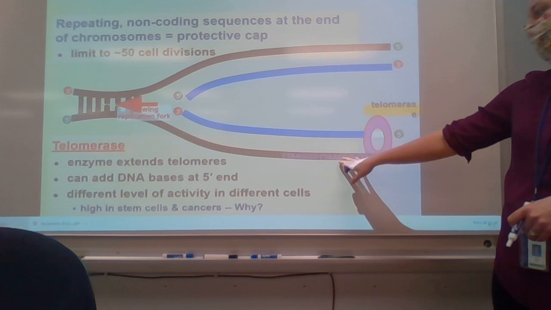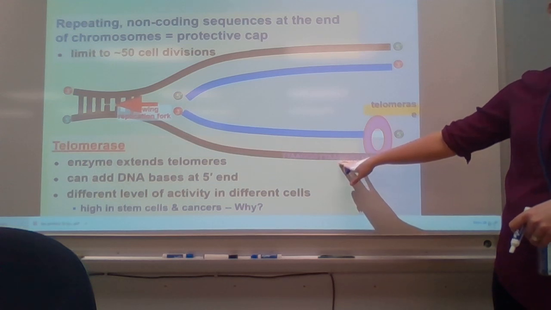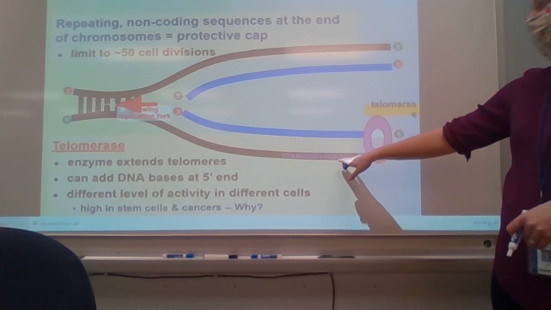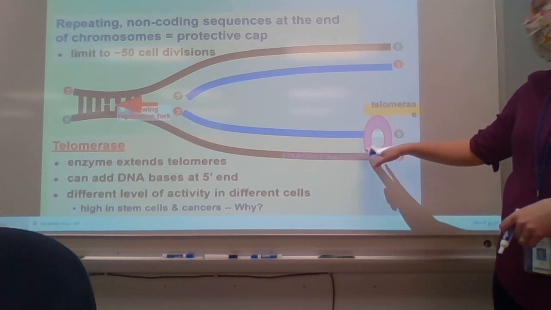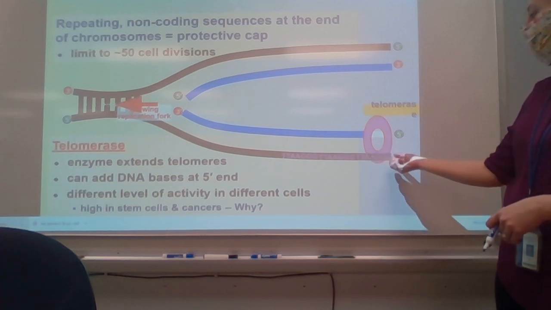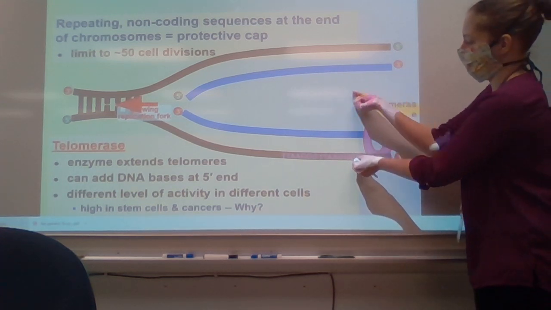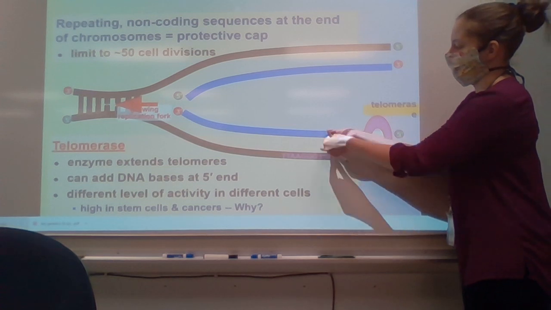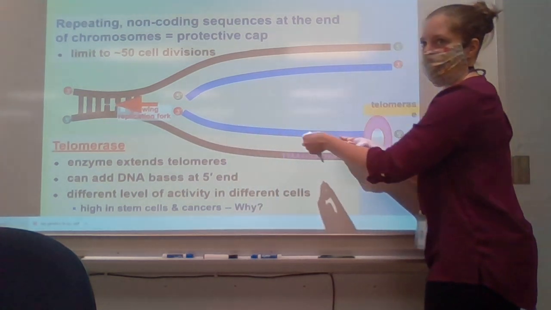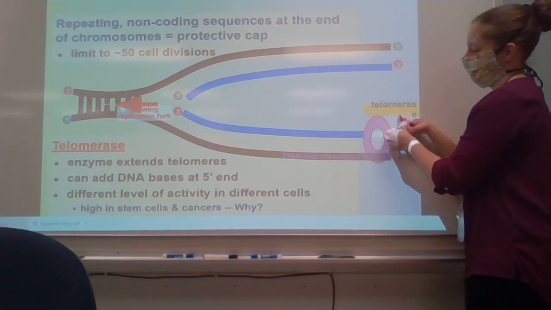In stem cells, and apparently a lot of cancer cells, this telomerase enzyme gets turned on, and it tends to extend telomere length. What happens is it loops the DNA over so that DNA polymerase can bind and recopy it. It does this looping so that there's a nucleotide to build off of.